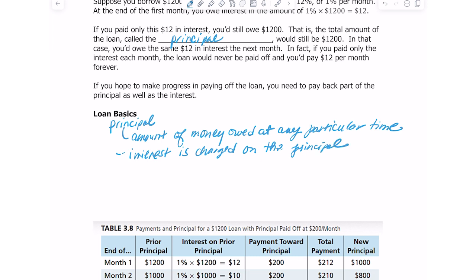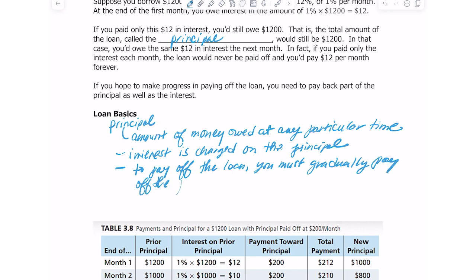To pay off the loan, you must gradually pay off the principal. Another important term is the loan term, which is the amount of time you have to pay back the loan in full.